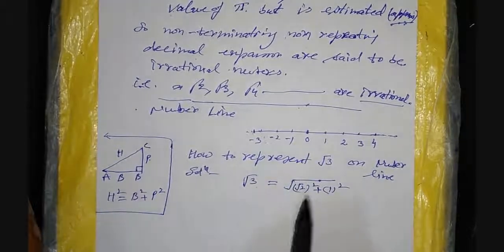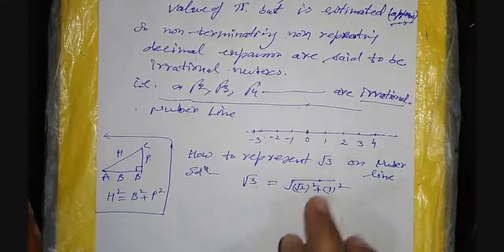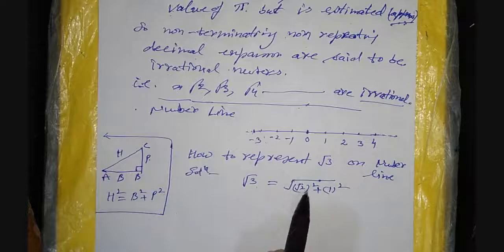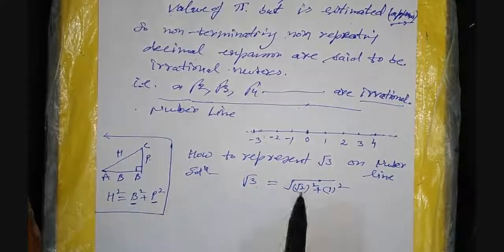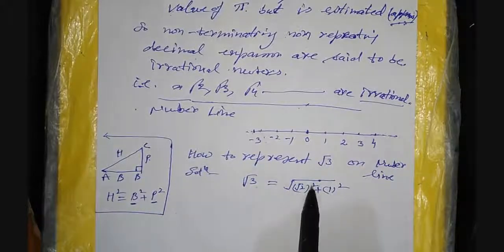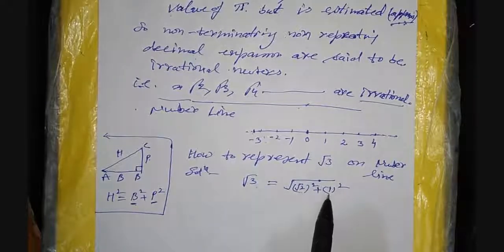We can take many values here, but we are just taking these because we want to find these 2 points. When we compare these values with these 2 points, we will get the base and the perpendicular.